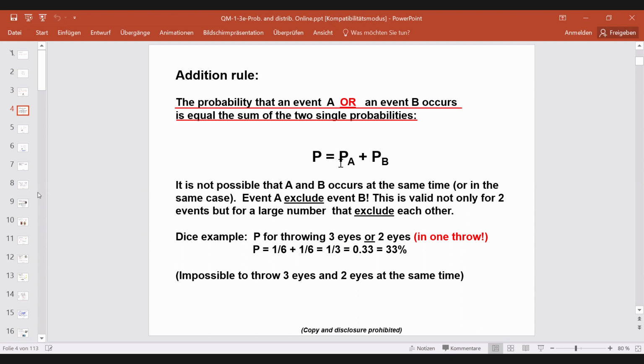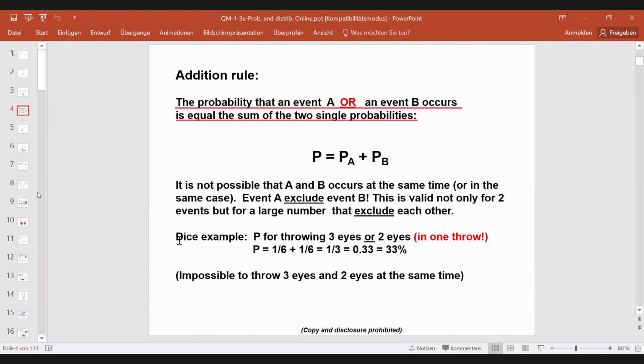This is the single probability that an event A occurs, and this is the single probability that an event B occurs. The probability that A or B occurs can be solved by the addition rule, by adding the single probabilities. It's not possible that A and B occur at the same time or in the same case. This means event A excludes event B.